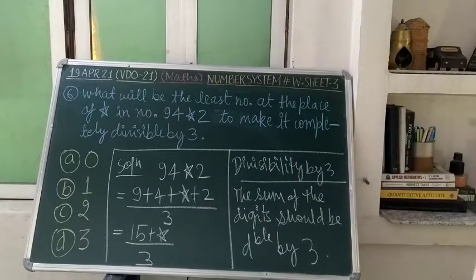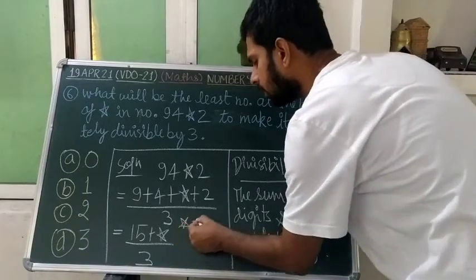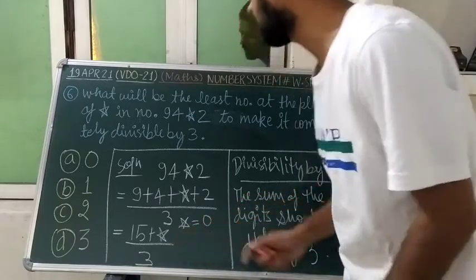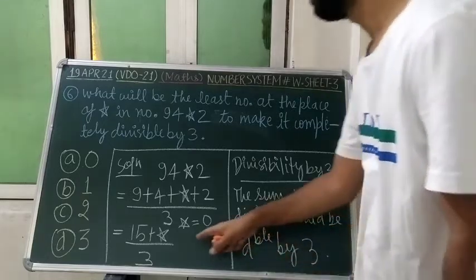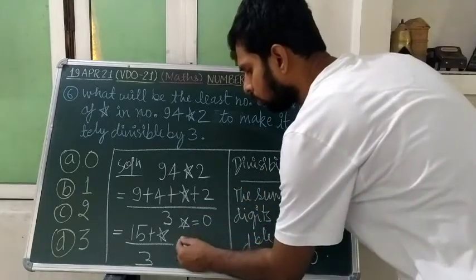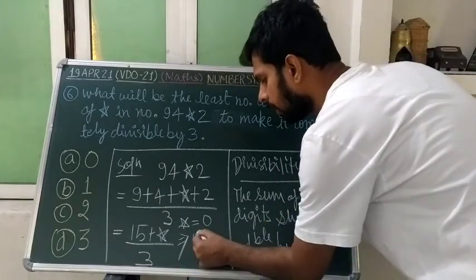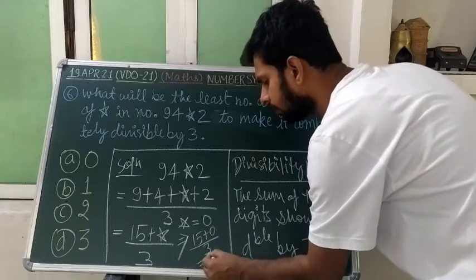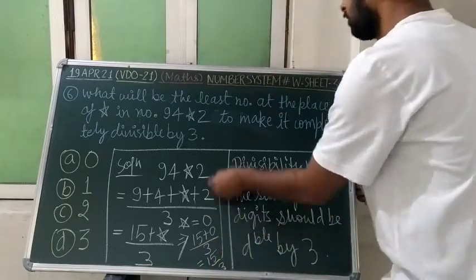If I select star equal to 0, from where will we start? From 0 we will start. So if I select 0, it gives 15 plus 0 divided by 3. So it will become 15 by 3, and it is completely divisible.